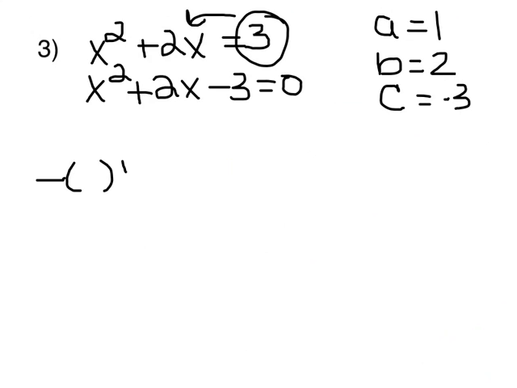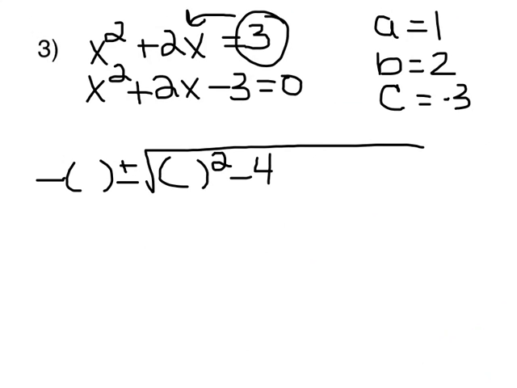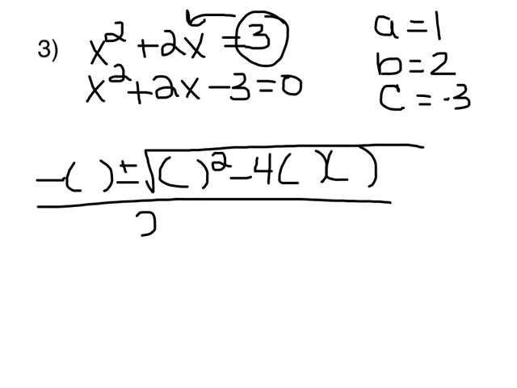A negative B plus or minus the square root of b squared minus 4ac divided by 2a. Our b is 2 and 4ac, our a is 1 and our c is a negative 3. And on the bottom we have 2a and a is 1.